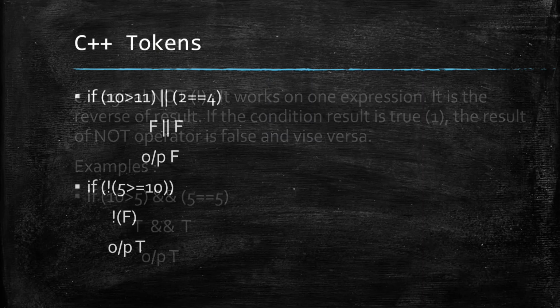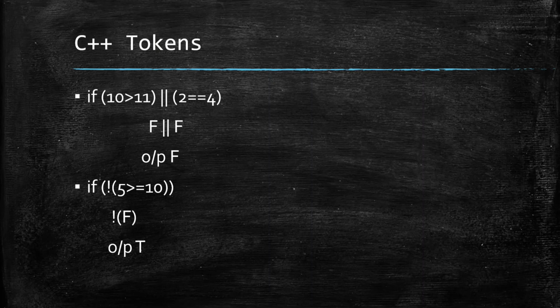Fine. Coming to the next example, this operator is used for OR, right? It is logical OR. So coming to the conditions now, is 10 greater than 11? False, right? 10 is not greater than 11.